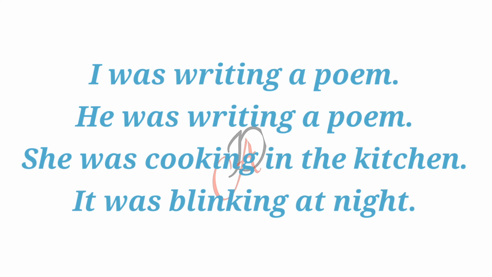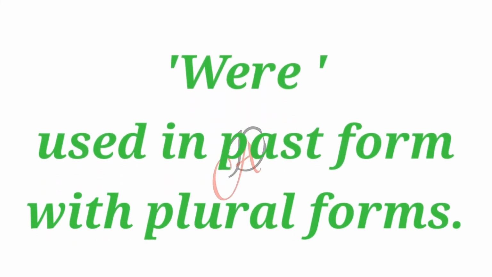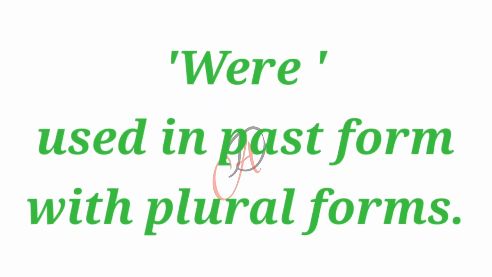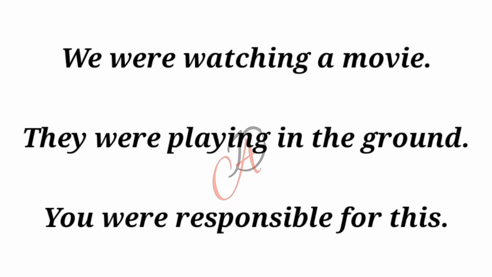She was cooking in the kitchen. It was blinking at the night. All these examples are used in past tense and with the singular form, whereas were is also used with the past form but with the plural forms. Like, we were watching a movie. Second one, they were playing in the ground. And the third one, you were responsible for this.